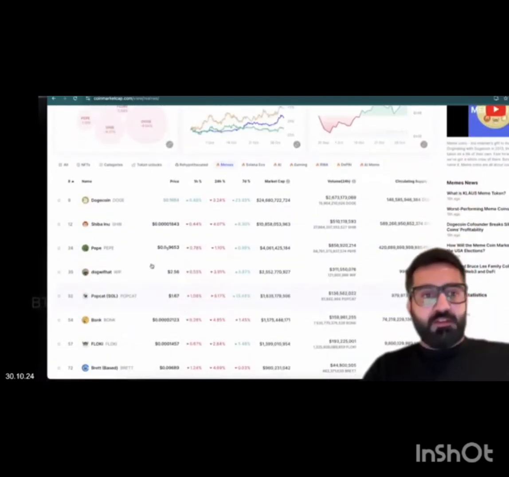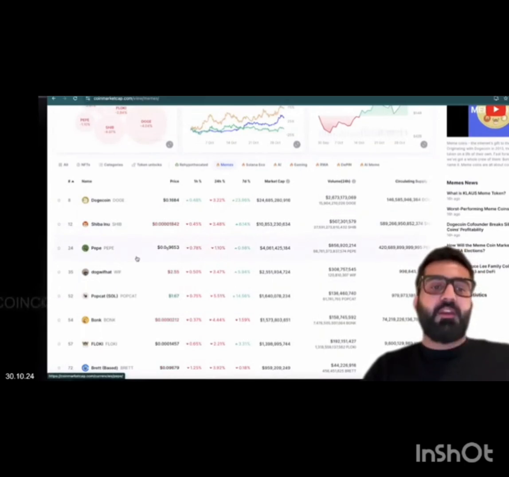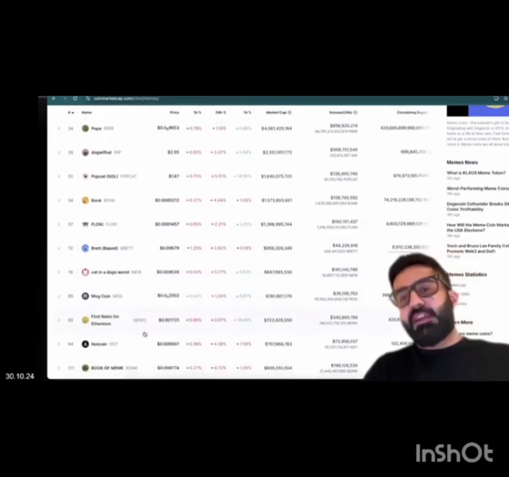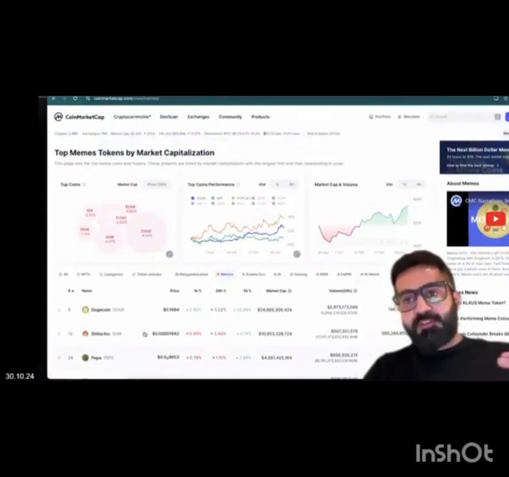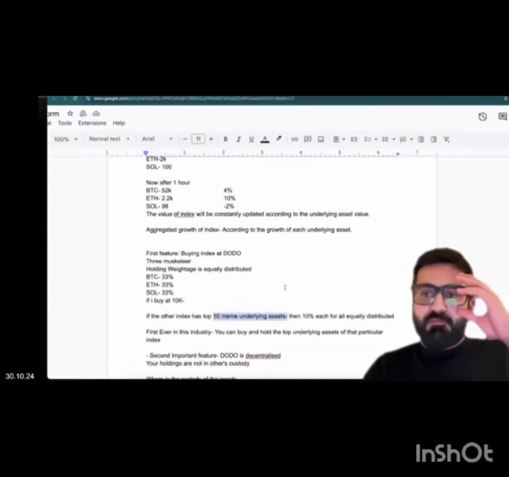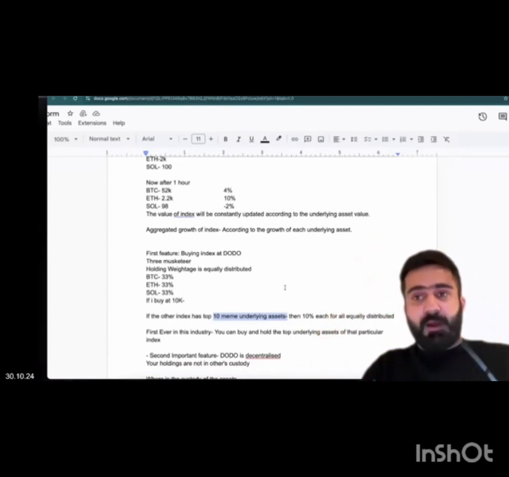This is the meme index. So you see Dogecoin, Solana, Shiba, Pepe, Wif, Popcat, Bonk, Floki. You buy these 10 for 10% each. So let's say you are buying $10,000, you will buy $1,000 each of the 10 meme coins.